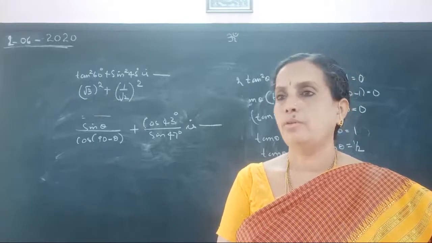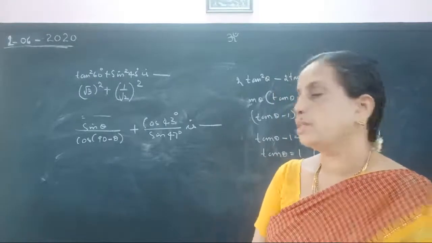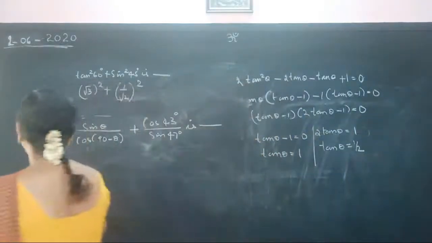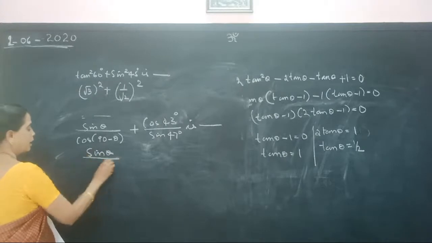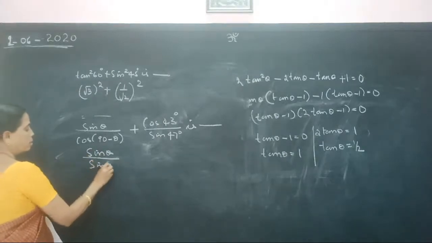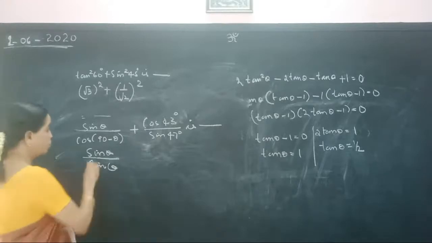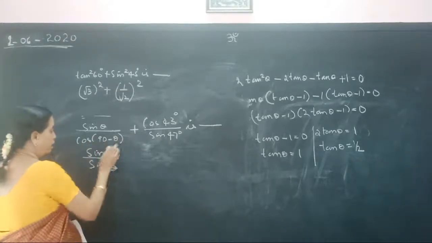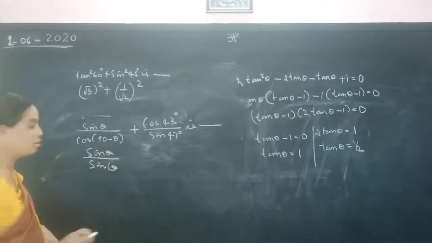Yes, Abhilash, you are right. 1 plus 1 is 2. That is, we write cos 90 degree minus theta as sin theta by sin theta, because sin 90 minus theta is cos theta, so cos 90 minus theta is sin theta. Sin theta by sin theta is 1.